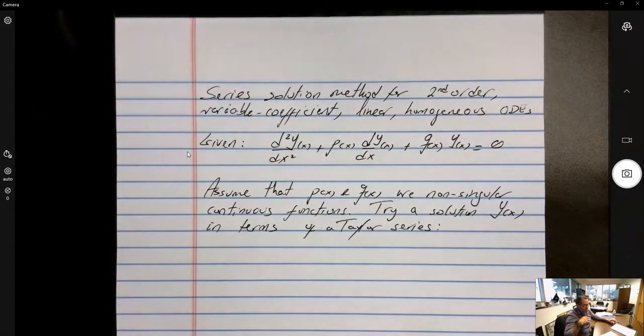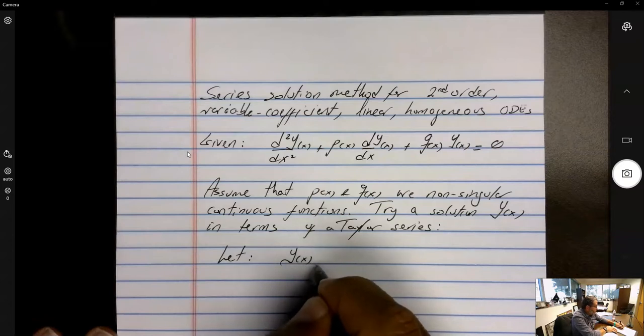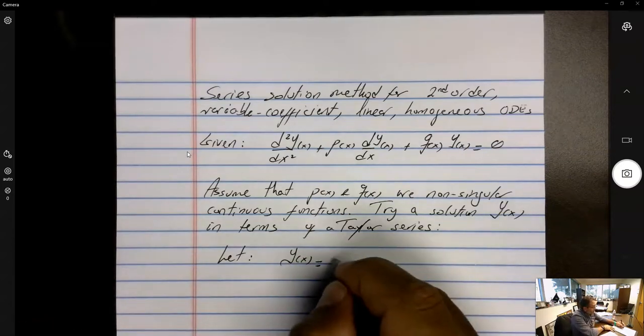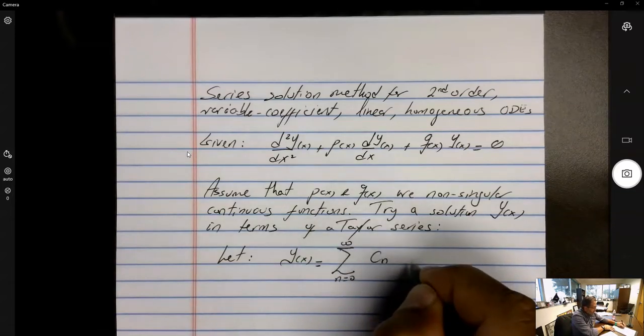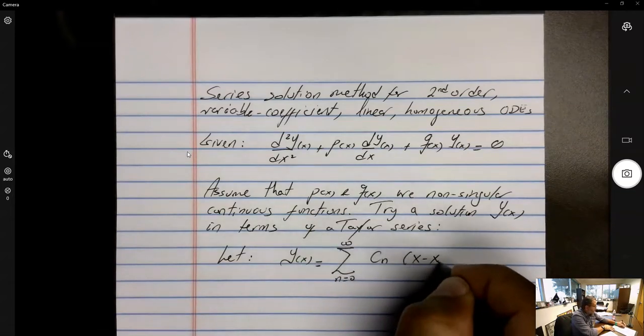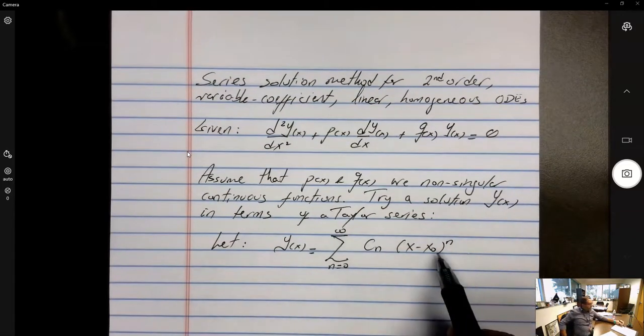That is, we're going to let y of x, which is a solution that we're seeking, be equal to the summation from n equals 0 to infinity of some coefficient Cn times (x minus x0) to the power of n. We know that x0 is the expansion point, which is an arbitrary point that we decide where we're going to define or write these polynomials about. This is an infinite series of polynomials of infinite order from 0 to infinity.